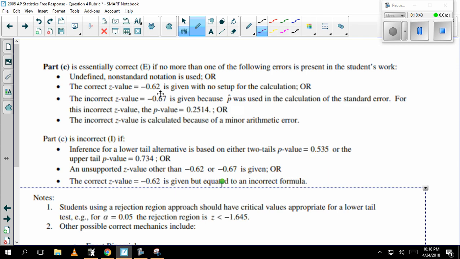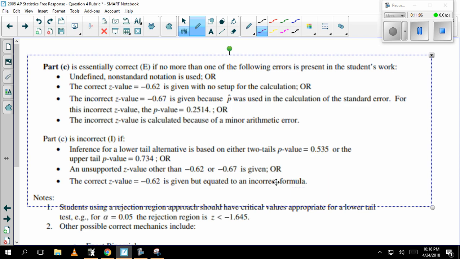And if you did some minor arithmetic error. So if you only did one of these mistakes, but you got the rest of it right, you get essentially correct. An incorrect if you used a two-sided p-value with a one-sided hypothesis test, or you got some unsupported z-value with no setup, or you've got the right answer, but somehow miraculously the wrong formula.